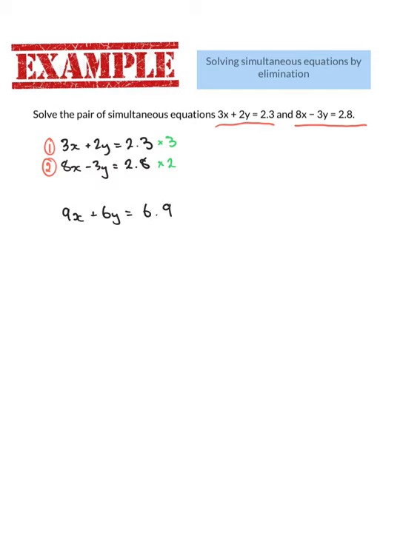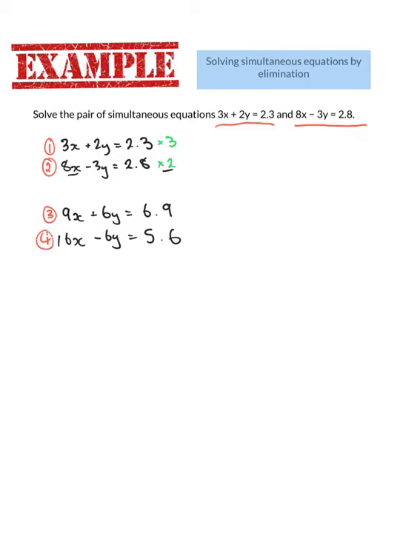And our second one, 8x times 2, we get 16x minus 6y equals 5.6. Now we are going to number those as equations. That's equation 3 and equation 4.